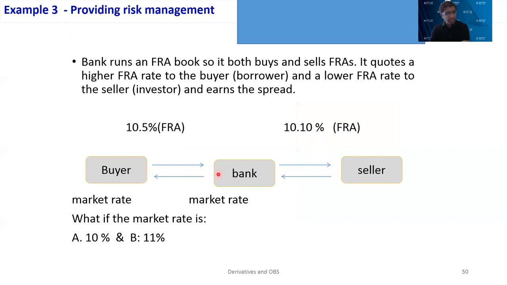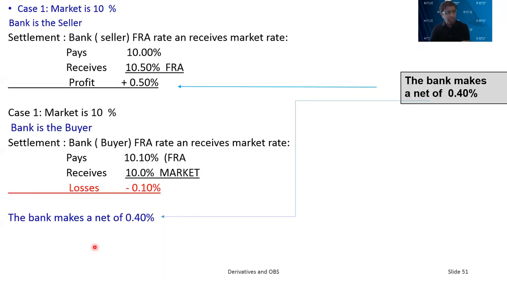And in this case, when the bank is the seller, he will receive the FRA rate of 10.5 and pay the market, which is 10%. Because the interest rate goes down to 10%, he's making 50 basis points here, and he's making losses of 10 basis points. The difference is 40.